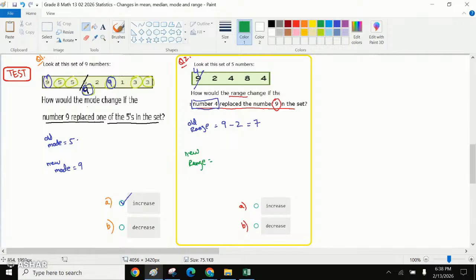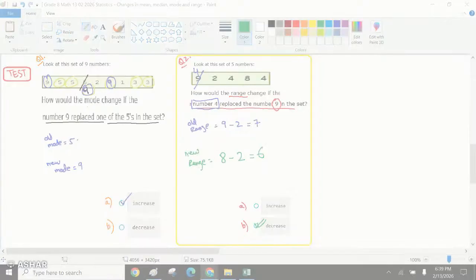The new range would be, what is the maximum number? It's 8 minus 2, and the range is 6. That means, yes, perfect, it has decreased because the larger number is replaced by a smaller number. If the larger number had been replaced by a larger number, then it would increase. Okay.